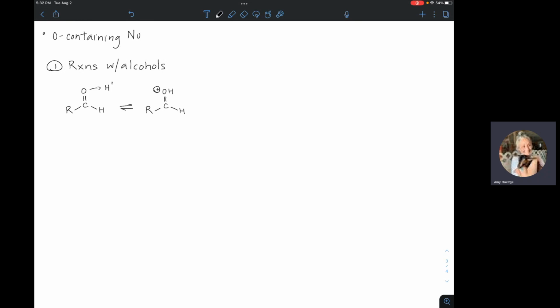We talked about this when we did carboxylic acid derivative chemistry, right? We're going to take one single equivalent, so this is all theoretical, right? One equivalent stoichiometrically of alcohol. And we're going to attack our protonated carbonyl. Again, we see these tetrahedral intermediates form.